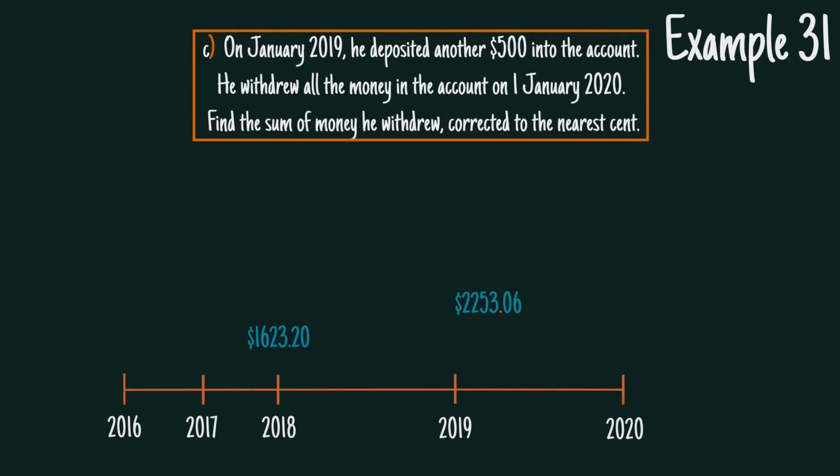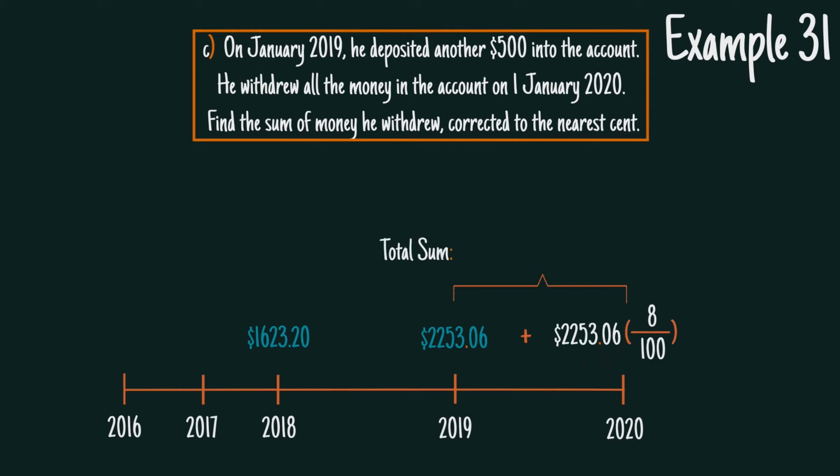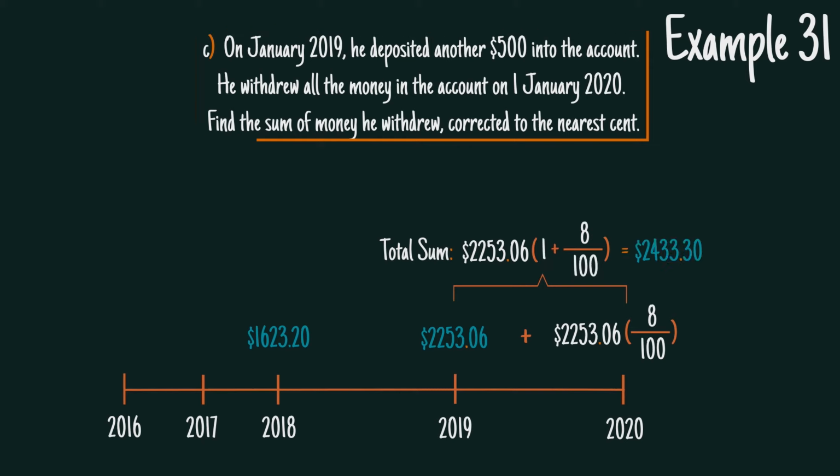Here, he withdrew all on 1st January 2020 and he did not deposit any amount that year. So, the total sum by 1st January 2020 would be $2,253.06 compounded by another 8%, and you will get $2,433.30.